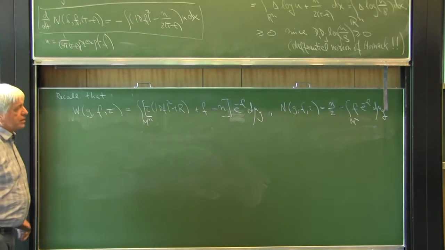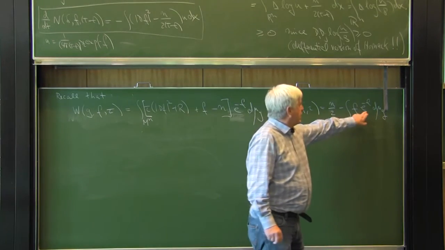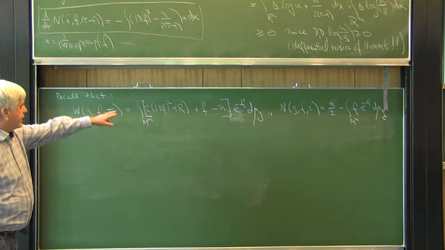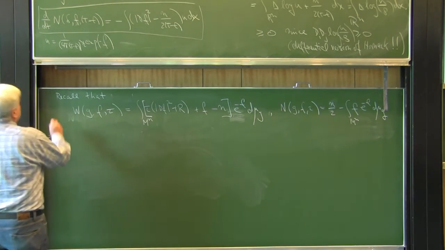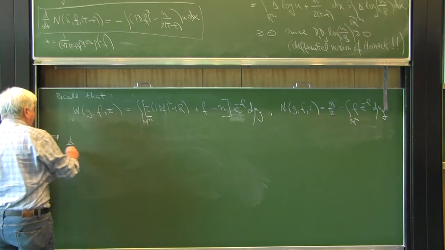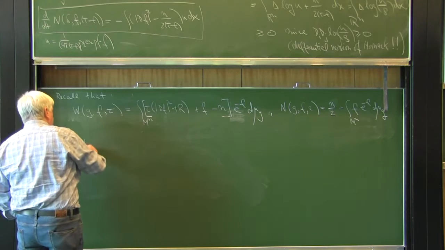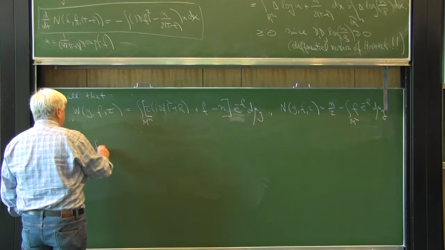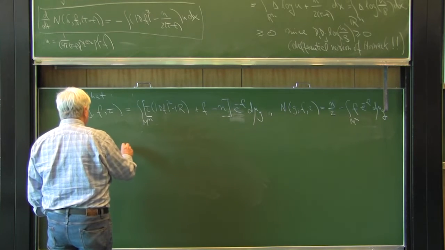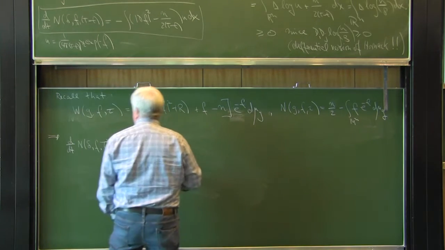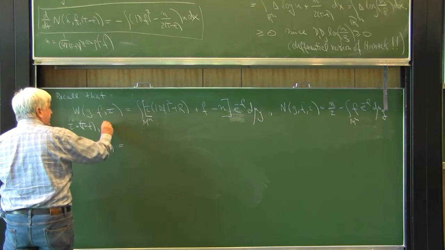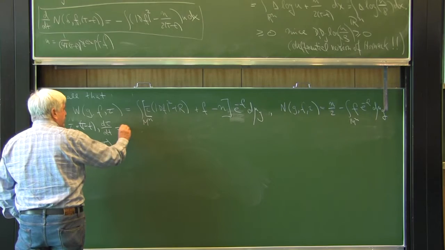F is the logarithm of u, and e to the minus f is the u. Then we can write the derivative of N, delta f of tau, where we now set tau equals T minus t, so that d tau/dt is equal to minus 1.